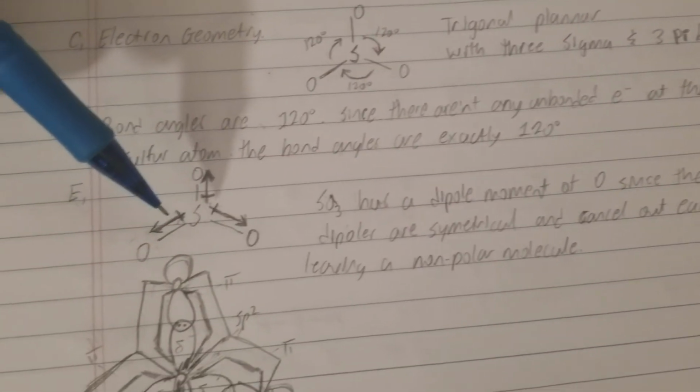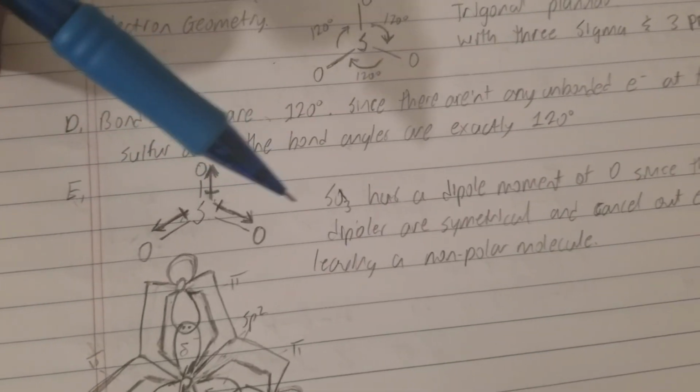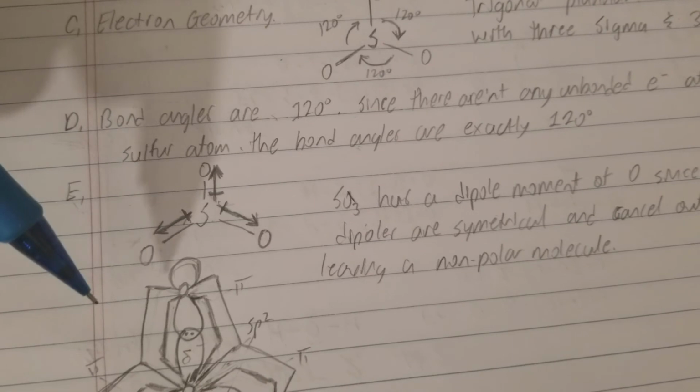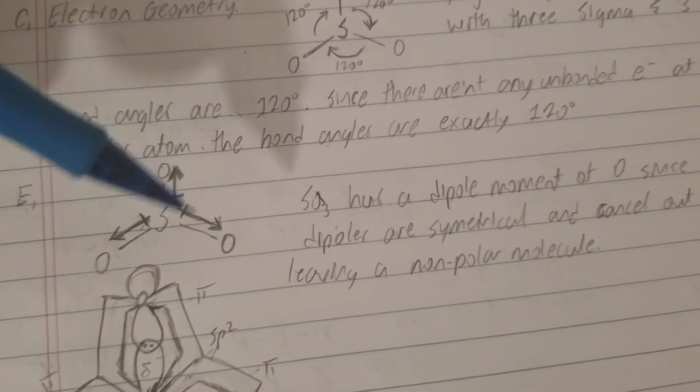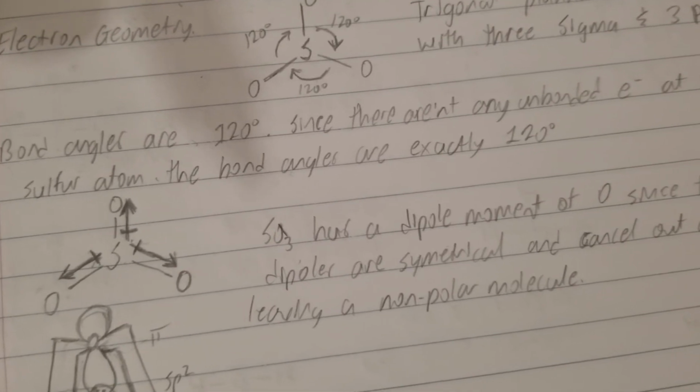That means the dipole arrows point away from sulfur in an exactly symmetrical shape, and this symmetrical shape of the dipoles cancels each other out, giving us a 0 dipole moment.